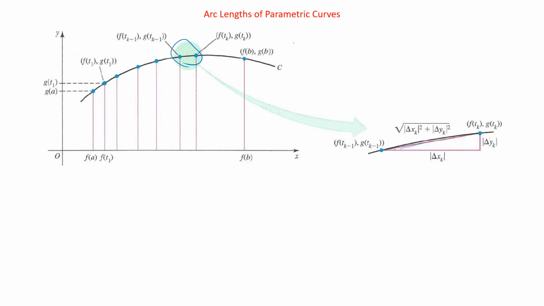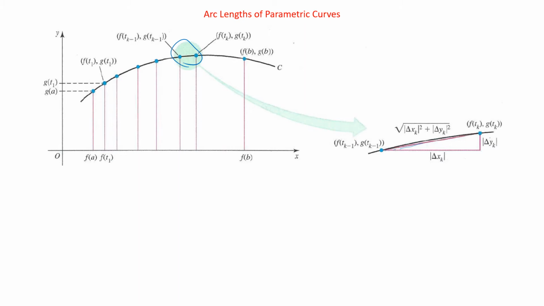And so it's the square root of the change of x squared plus the change of y squared. But we want to get it to be teeny tiny, so the limit as these 2 points go to 0 will give us the actual thing. And so that change in x and change in y, that itty bitty change, is going to be the derivative.